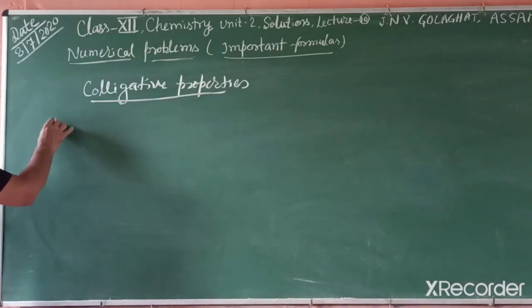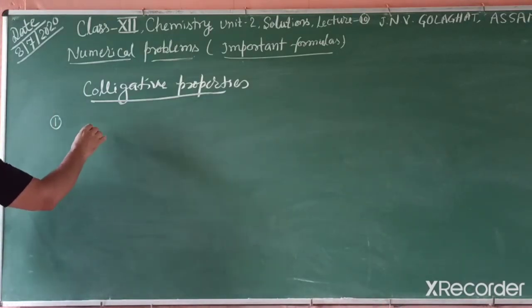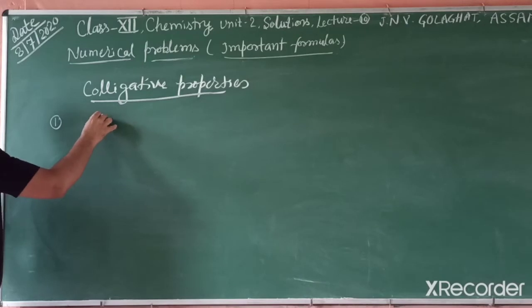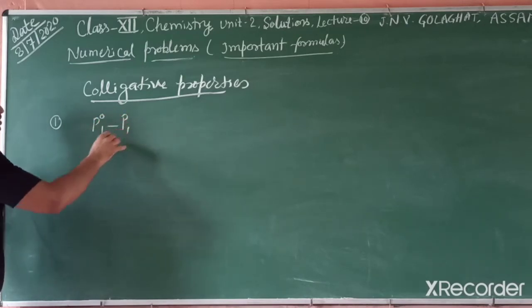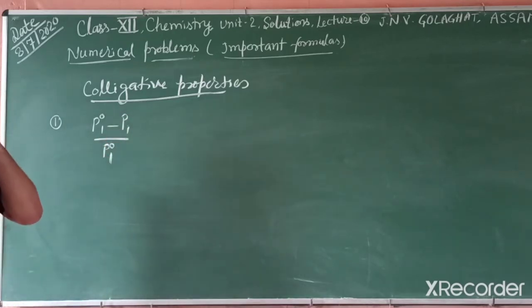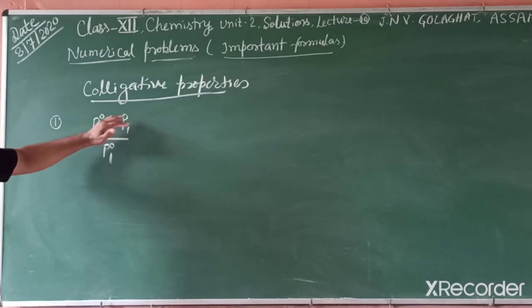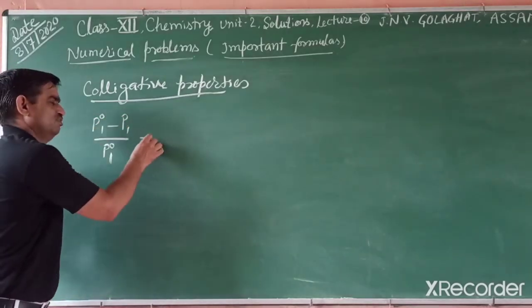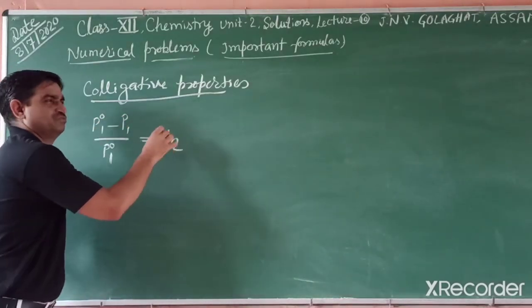That is, P naught 1 minus P1 divided by P naught 1 is equal to the mole fraction of solute.